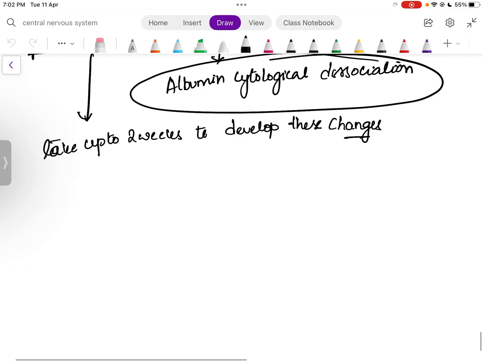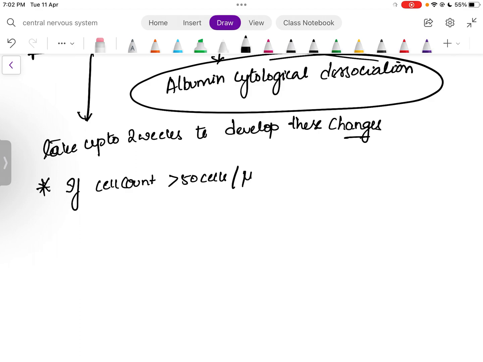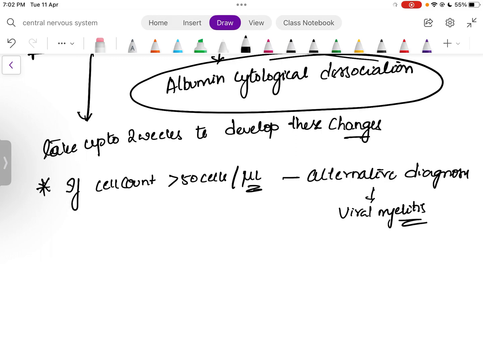And you have to remember that if the cell count, that is WBC, is greater than 50 cells per microliter, then you should think of an alternative diagnosis, that is viral myelitis. You have to think about viral myelitis whenever cells are increased.